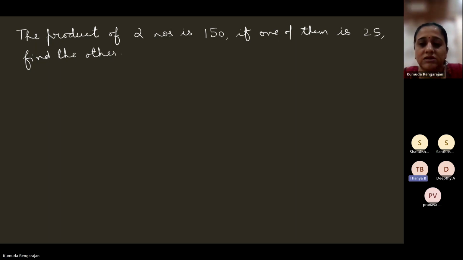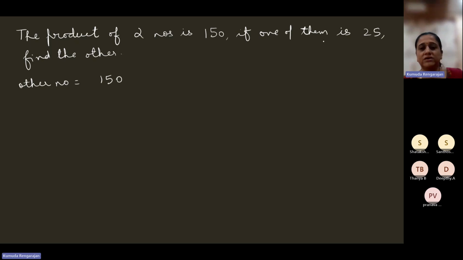Division. Okay. So you will divide. Which number to write first? The other number will be the product 150 divided by this one number, right?